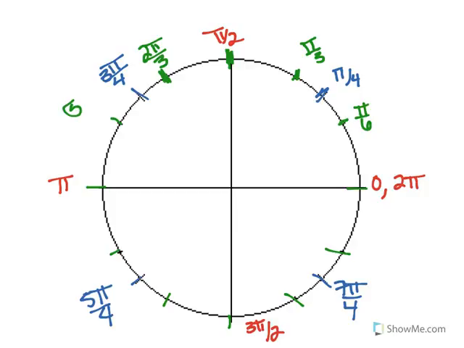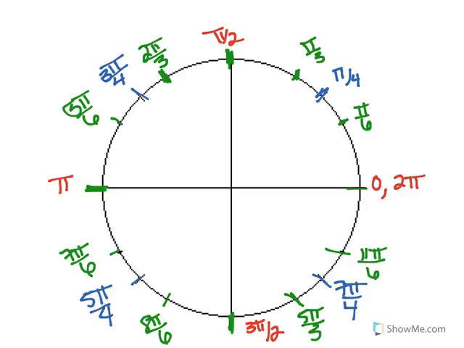We've got 5 pi over 6. 6 pi over 6 here is just pi. 7 pi over 6, 8 pi over 6, 9 pi over 6 simplifies to 3 pi over 2, 10 pi over 6 simplifies to 5 pi over 3, and we've got 11 pi over 6 here. So here we go, we've got our radian measures for the unit circle as well.